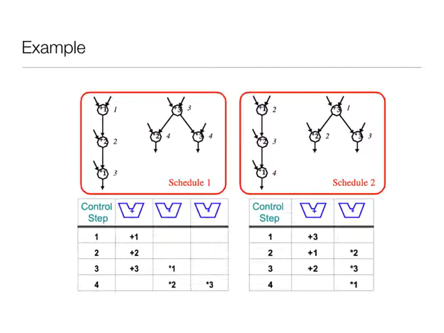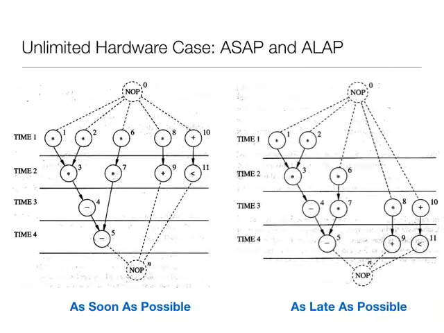In a way, you may be told, okay, you have a latency budget of, let's say, 6, and now minimize the number of processors you are going to use. If we are in a situation of unlimited hardware, then the simple strategy would be to use ASAP, as soon as possible.